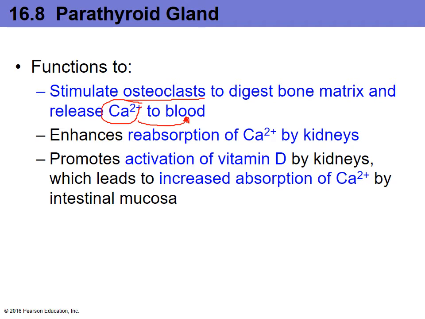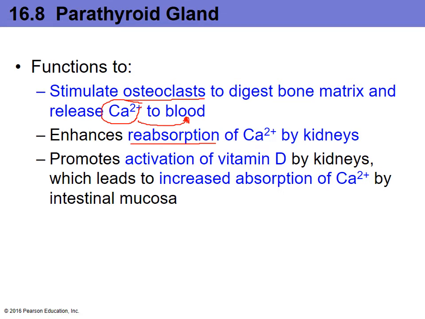It's also going to enhance reabsorption of calcium by the kidneys. Reabsorption means that the kidneys are going to return it into the bloodstream. It also activates vitamin D, and vitamin D seems to actually speed up absorption of calcium by the intestinal mucosa.